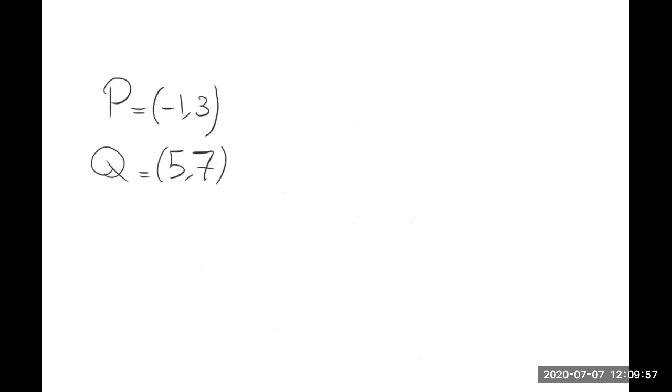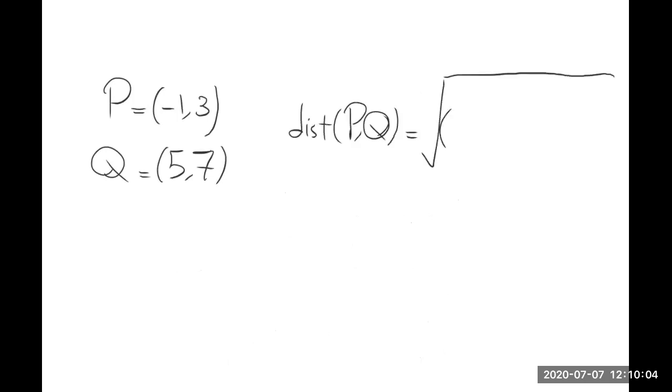So just as another example, if P is (-1, 3), and Q is (5, 7), I want to find the distance between P and Q. The distance is the square root of, okay, I should subtract the first coordinates, 5 and minus 1. It would be 5 minus -1 squared. And then I should look at the second coordinates.